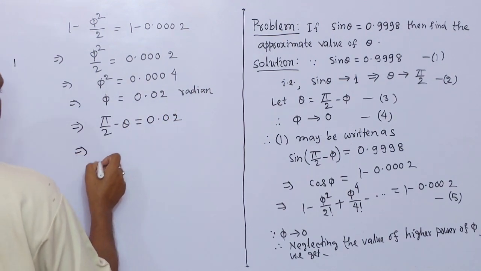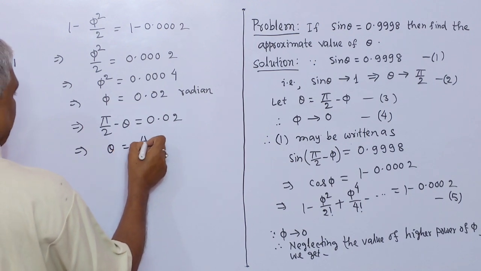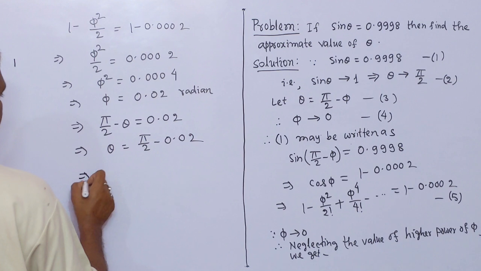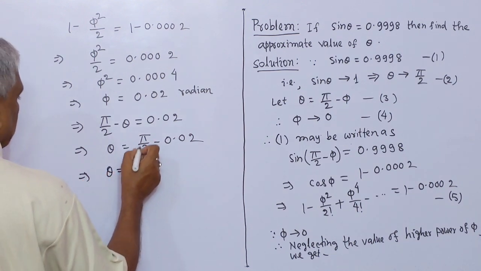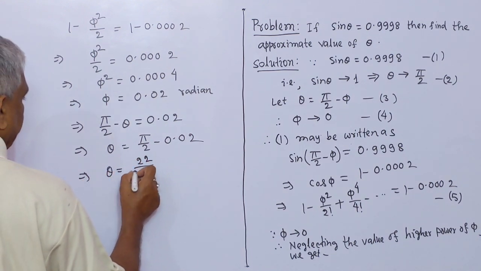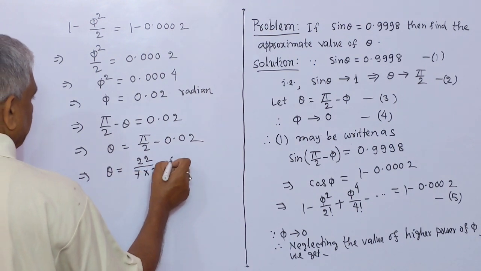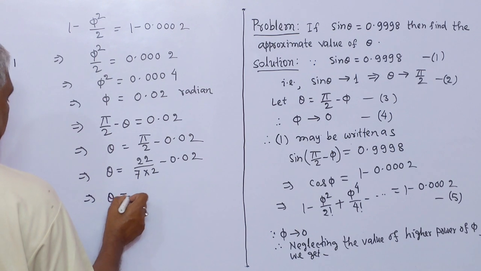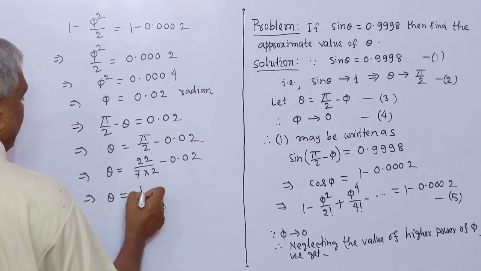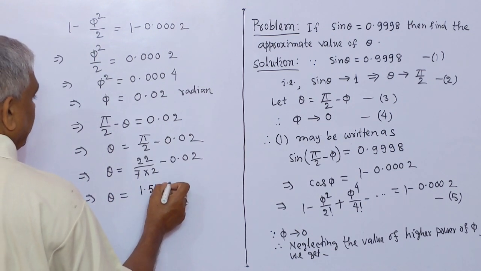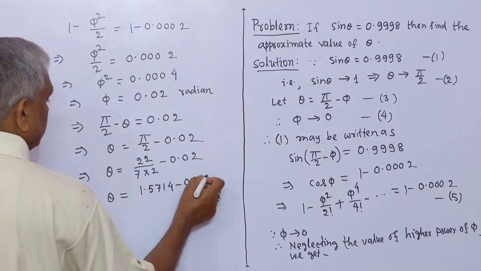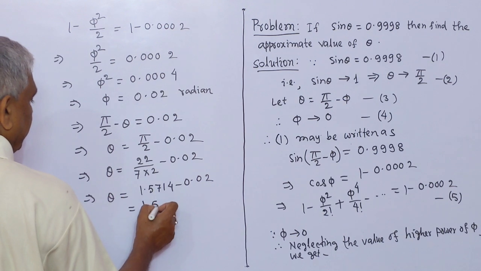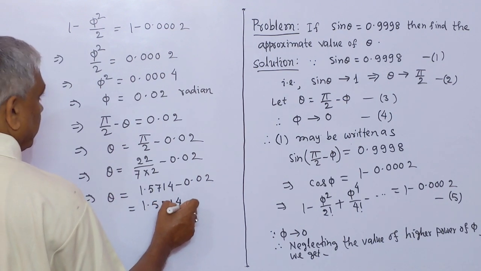This implies that theta equals pi by 2 minus 0.02, which implies that theta equals, this is 22 by 7 multiplied by 2, minus 0.02, which implies that theta equals 1.5714 minus 0.02, this equals 1.5514.